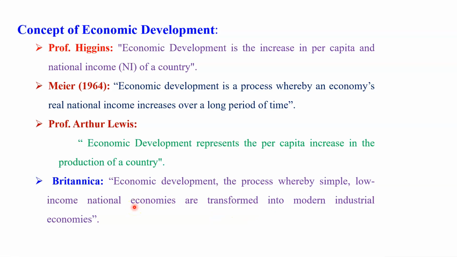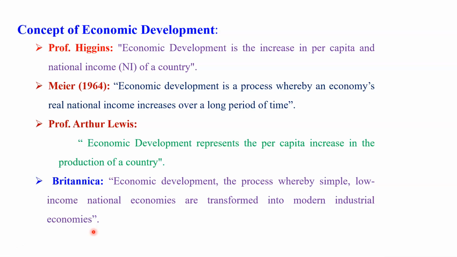So, in the previous three definitions, we just explained that the per capita income increases, or maybe the national income increases. But see, in this definition, it is clear. Economic development is a process whereby the simple and low-income national economy, meaning a country having a very low national income, through this process increases the per capita income and national income of that country from a low income level to modern industrial economies, meaning high level national income.